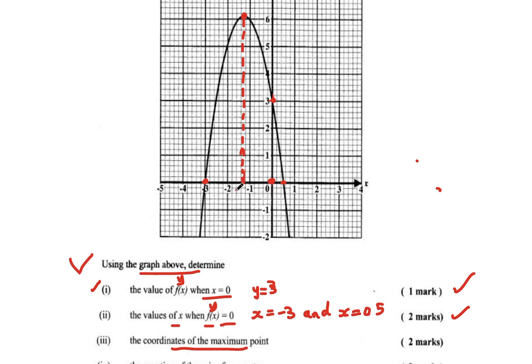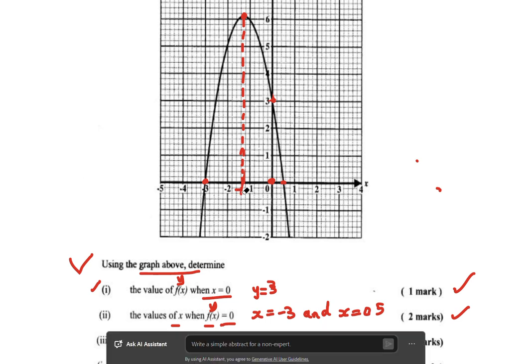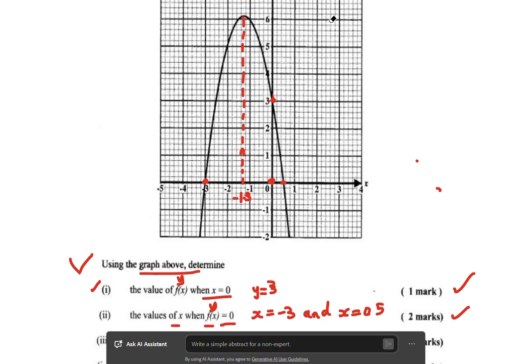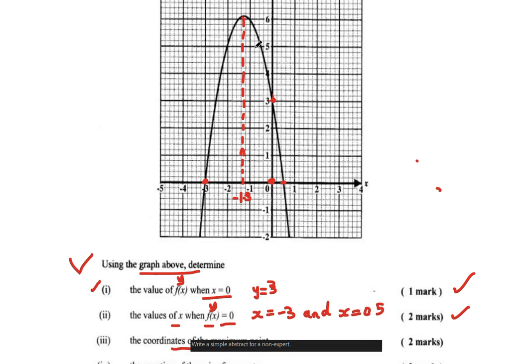So the x value right here would be negative 1.3, and negative 1.3 is going up to a y value of 6. So this right here is negative 1.3, which corresponds to a y value that is really just slightly above 6.